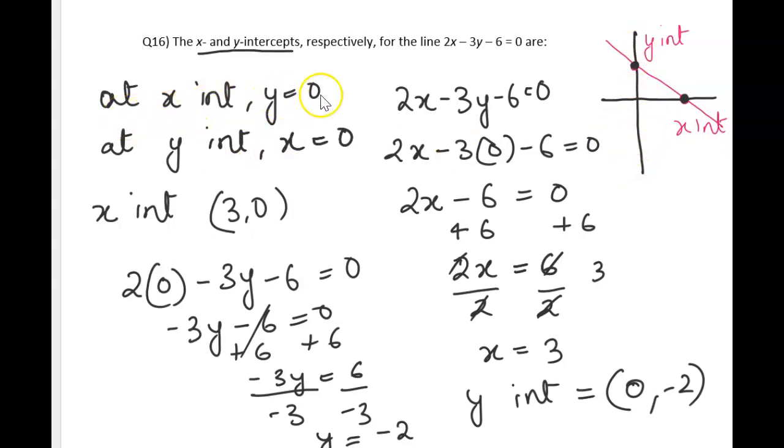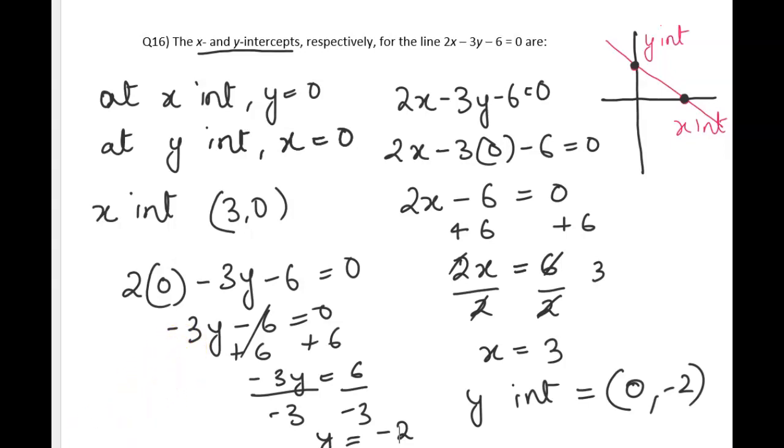So to find the x-intercept, put y as 0 and find x. At the y-intercept, put x as 0 and find the value. There will be a question like this. Please make sure you practice more questions. There are more questions in the booklet which I've handed you for your linear graphs skill sheets.